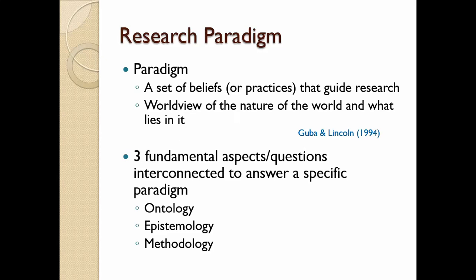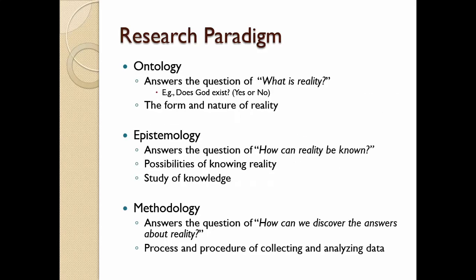So there are three fundamental aspects or questions that underlie a paradigm, and these are interconnected and influence each other. We have ontology, which answers the question of what is reality. An example is, does God exist?